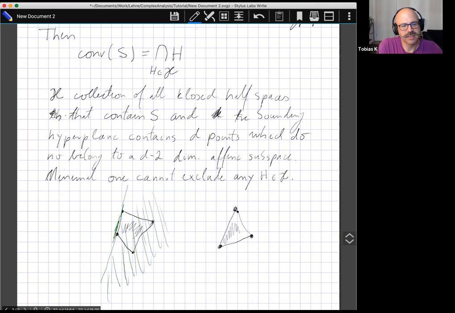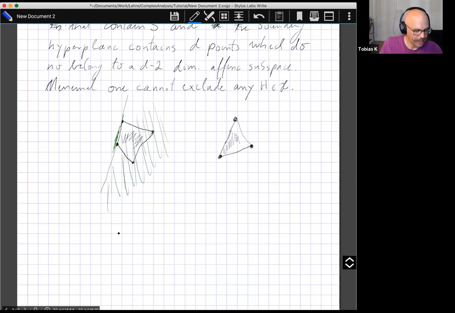If I have another point of S on this line, then, sorry, in 1 dimension, that's a stupid thing, forget it. In 1 dimension, I cannot do that. I need at least 2 dimensions to have this kind of effect. In 2 dimensions, I could just add another point on the boundary, which is not good enough to span things.